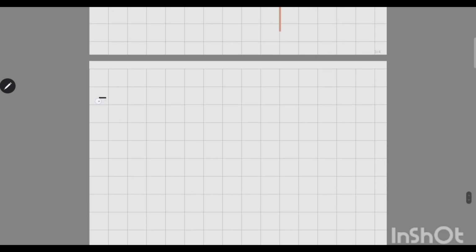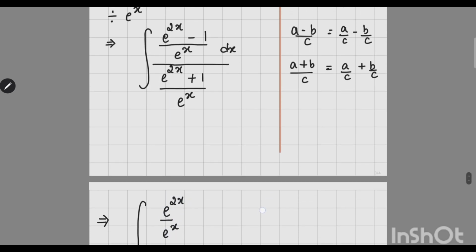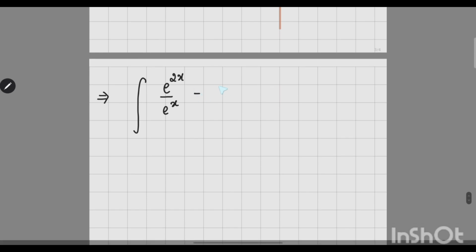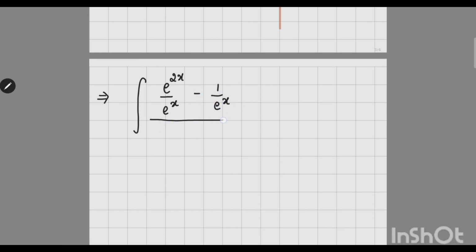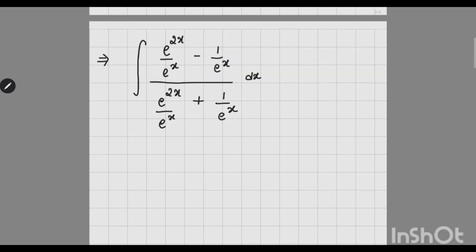So now this implies integral of e to the power 2x divided by e to the power x, then minus 1 divided by e to the power x, and in the denominator e to the power 2x divided by e to the power x plus 1 divided by e to the power x.